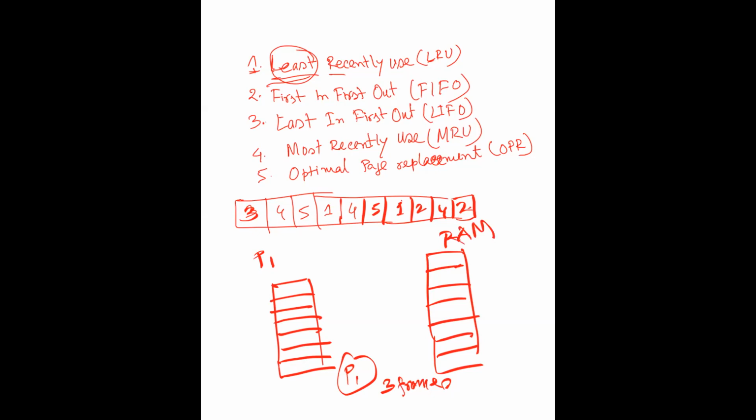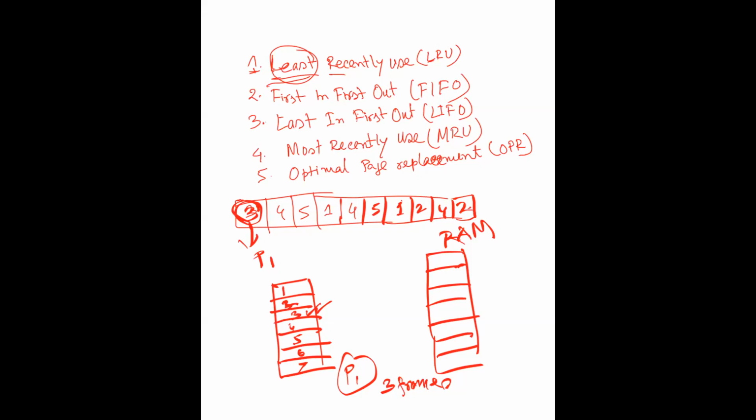So first the CPU asks for data that is available in page 3, but this is the demand paging technique, so there are no pages inside the RAM at the beginning.